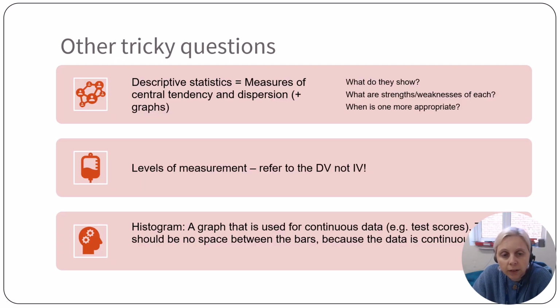Other reminders: descriptive statistics means how you describe your data. So it can be measures of central tendency, that means mean, median, and mode. Measures of dispersion, so standard deviation and range, and graphs. Levels of measurement: when they ask you what level of measurement, or you're choosing what test, inferential test, level of measurement refers to the dependent variable, not the independent variable, unless it's a correlation.